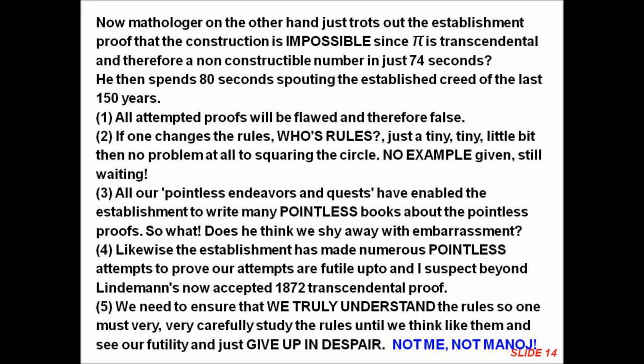He then spends 80 seconds spouting the established creed of the last 150 years. 1. All attempted proofs will be flawed and therefore false. 2. If one changes the rules, whose rules I ask, just a tiny little bit, then no problem at all to squaring the circle. No example given, still waiting.